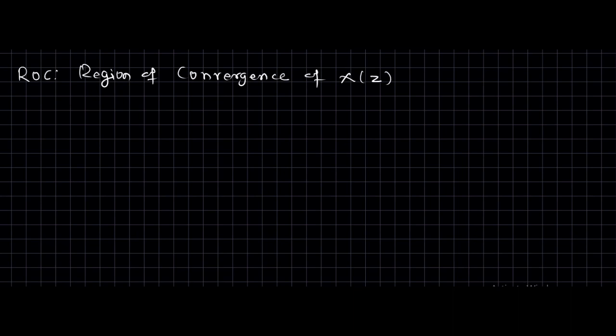So the region of convergence is the region for which X of z converges.